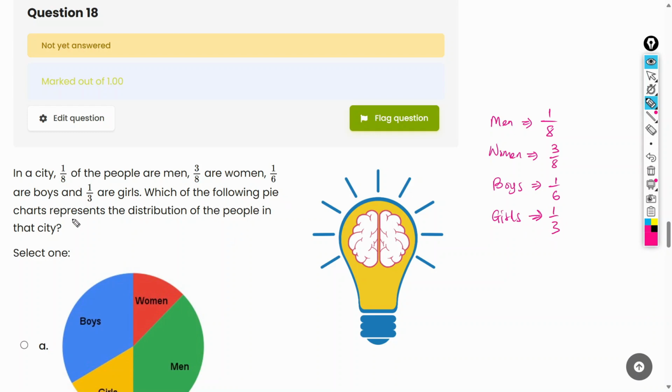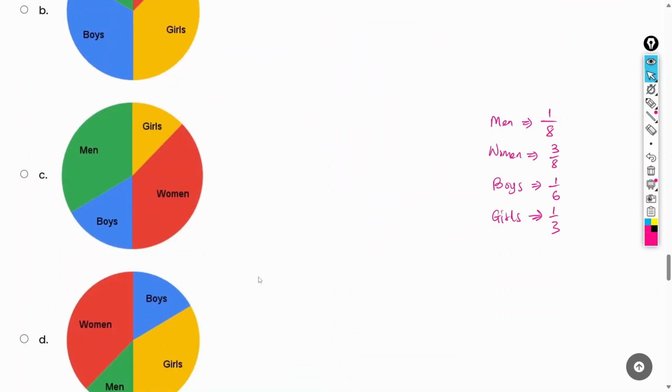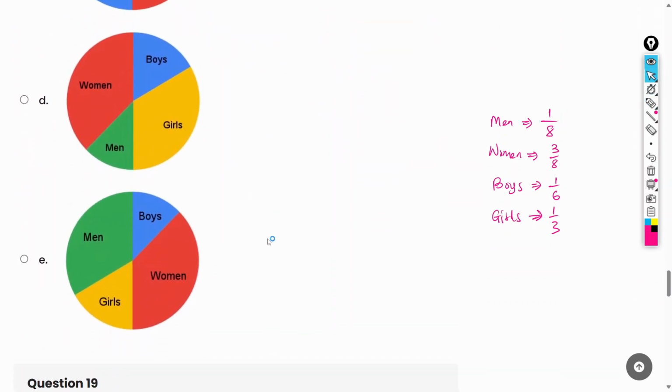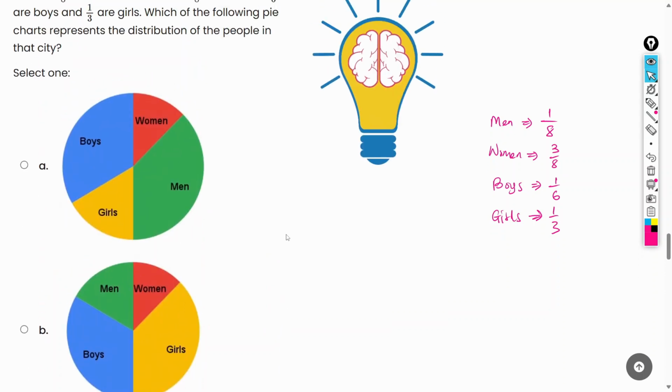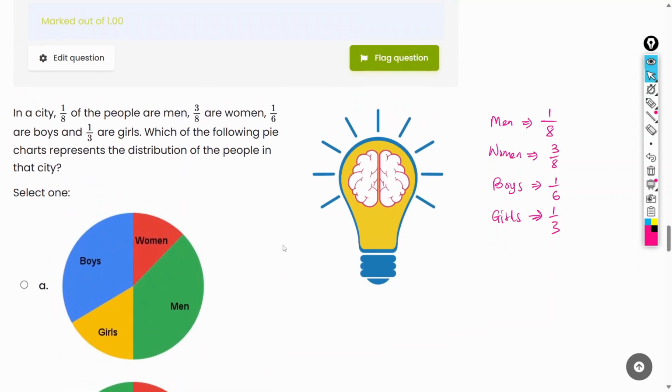Which of the following pie charts represents the distribution of the people in that city? Now, if we look at all of these, it's difficult to visualize 1 over 8, 3 over 8, 1 over 6, and 1 over 3.